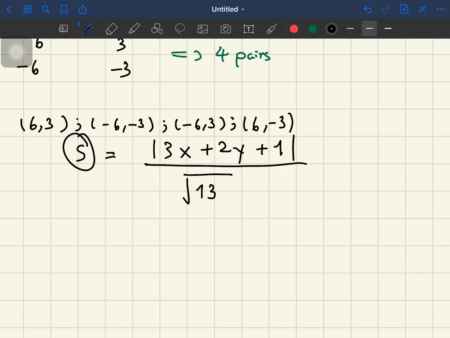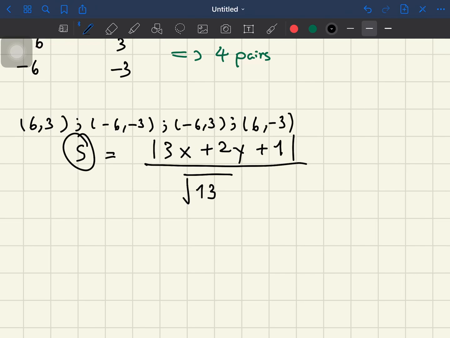Even though you have a very large negative number, it remains a very large positive number because of the property of absolute value. So if you have negative 6 and negative 3 as x and y, you have a very large negative number in 3x plus 2y.